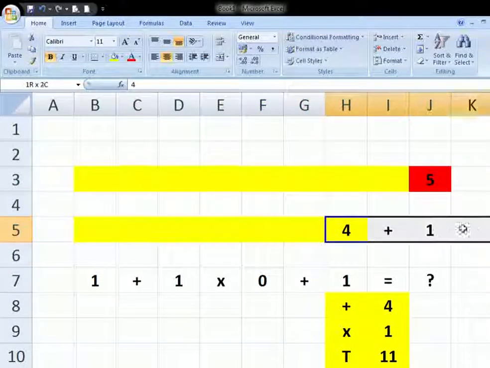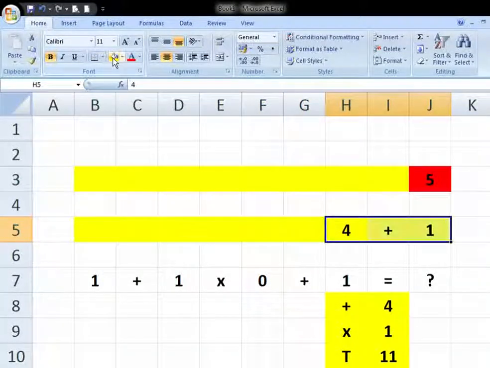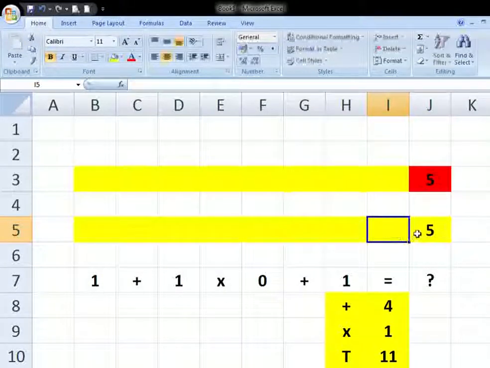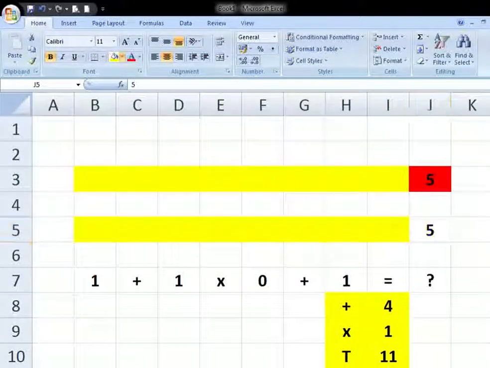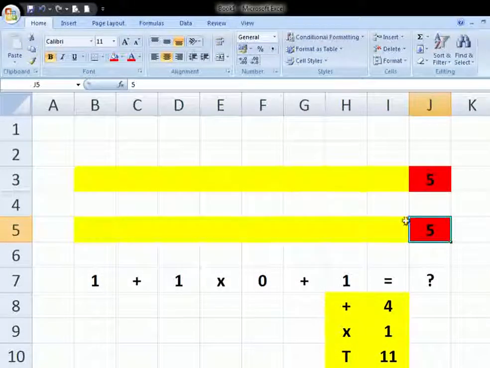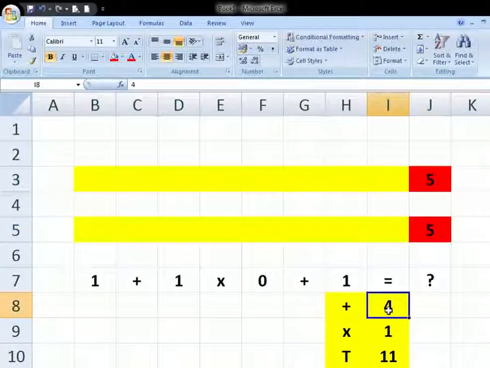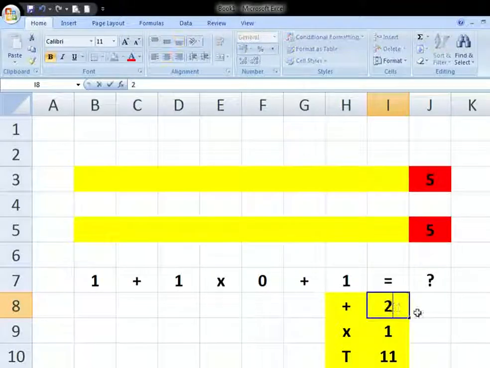And 4 plus 1, delete, 5. And now again at this point, once again we don't have anything to do with this number. We've used 2 more, so just 2 of the plus signs remain.